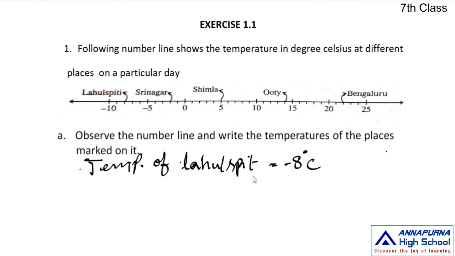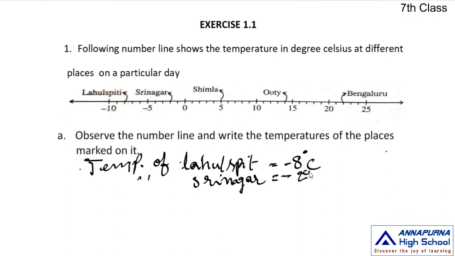So now next one is Srinagar. What is the temperature of Srinagar? So here also you mark it: 0, minus 1, minus 2. Its temperature is minus 2 degrees centigrade.